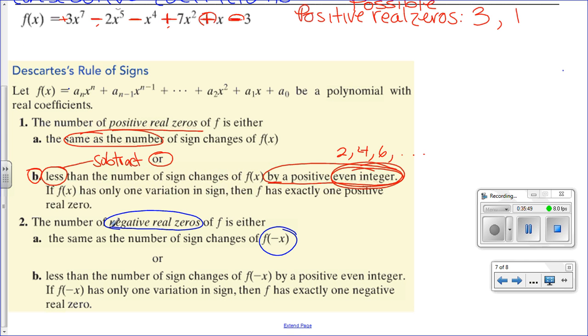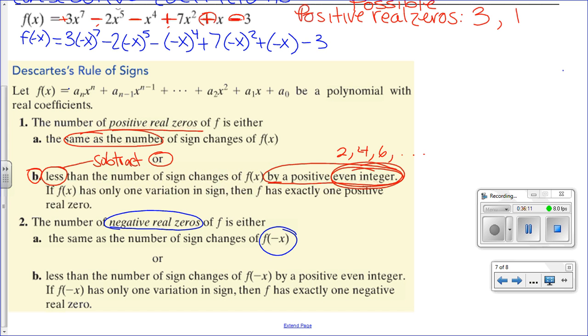And this will be f of negative x. We do that by substituting every x with a negative x inside parentheses. And so we know here that if we have an odd power, the result will be negative.